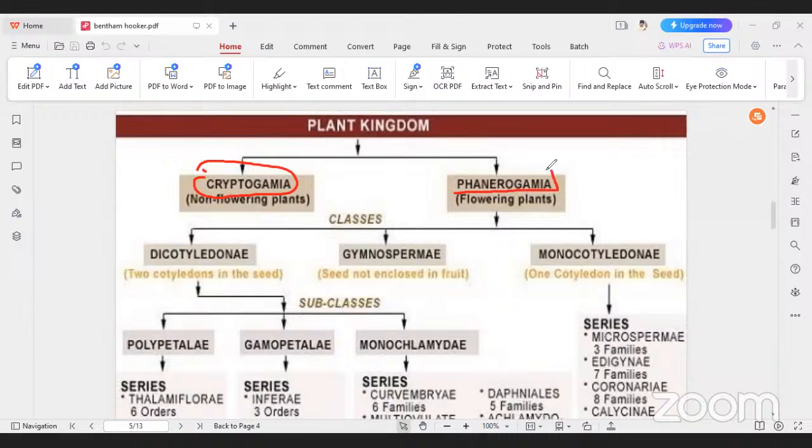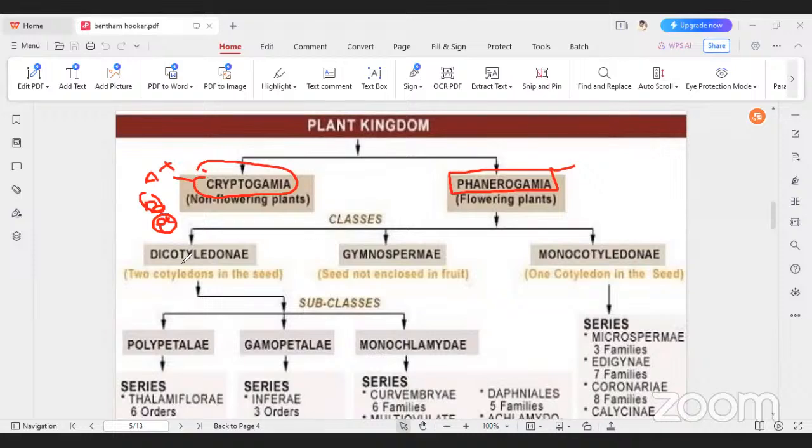Bentham and Hooker focused only on phanerogams, not cryptogams. What are cryptogams? Non-flowering plants such as algae, bryophyta, and pteridophyta. They did not cater to these cryptogams.